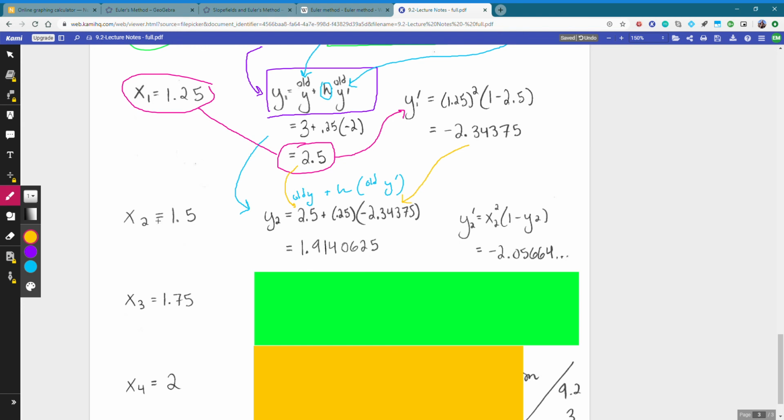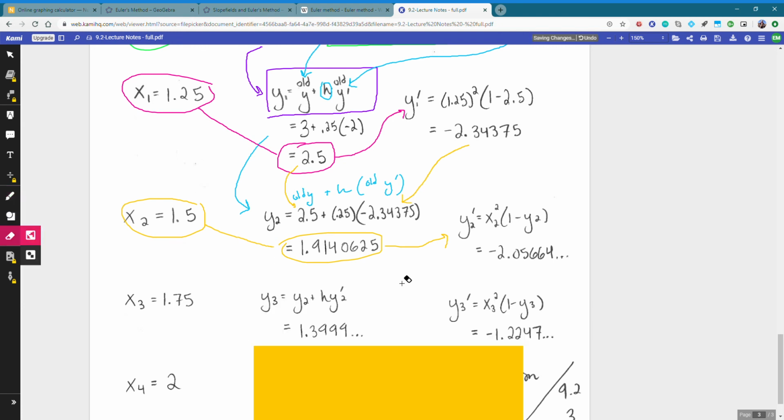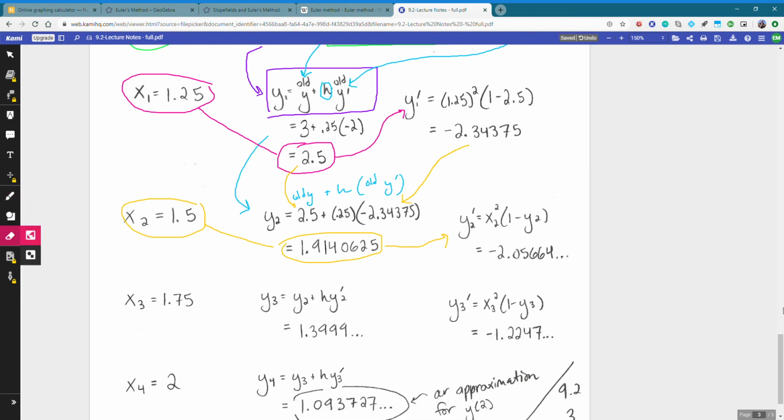And so now with our new x and y values, we can plug them into our differential equation formula, and we get a big long decimal number. As much as possible, as we're working with our calculator, we want to try not to round in the middle of our computations. But if you need to, we're not going to worry about it too much. Anyways, I'll just bring up what's coming up next.